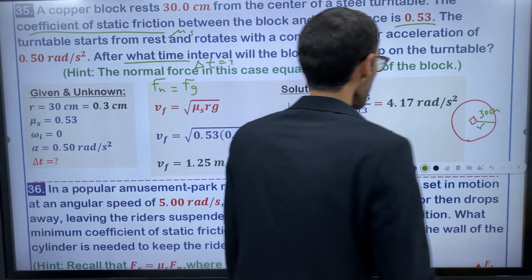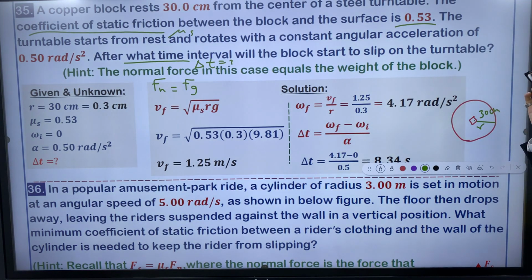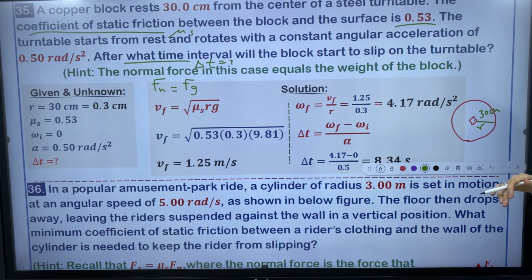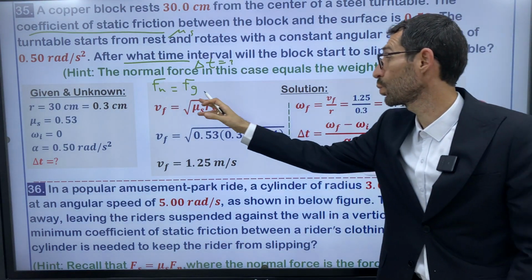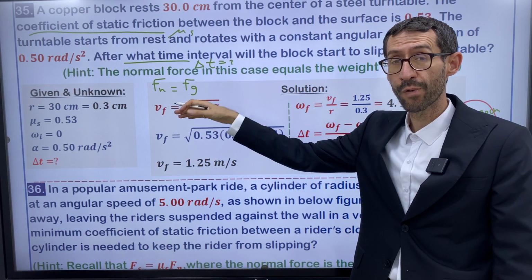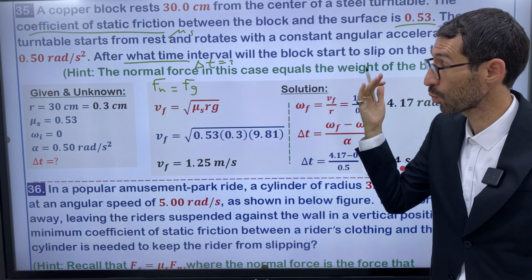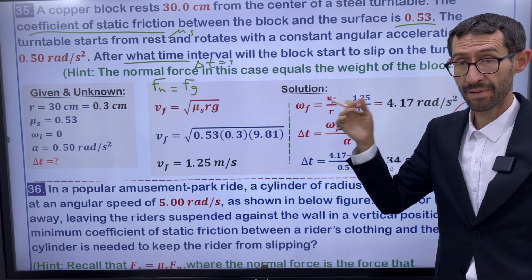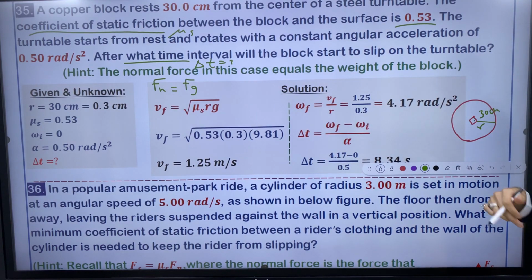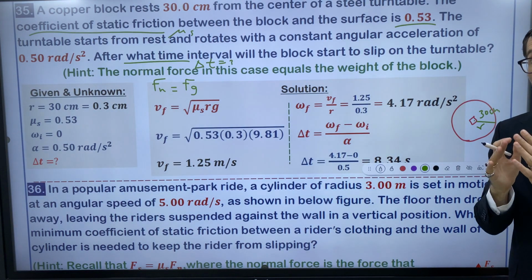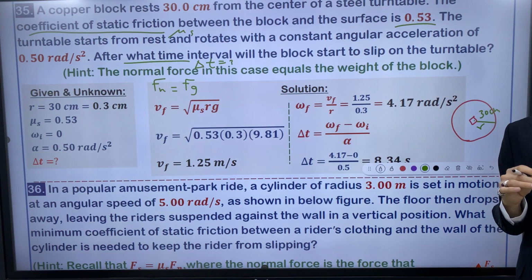So in this situation, there are two equations, and you can use these conditions for the car traveling a circular track as well. There are two conditions for the case where friction becomes a centripetal force.